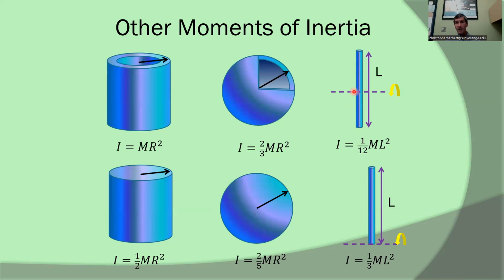Depending on how you rotate this, if you rotate it about the center axis, where L is the distance from top to bottom, I get 1/12 mL squared. If I call l the distance from the center to the end, then it'd be 1/3 ml squared. And if I rotate it from its end, that's equal to 1/3 mL squared.